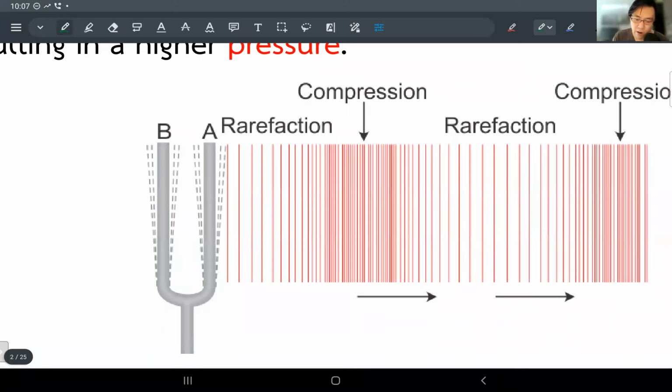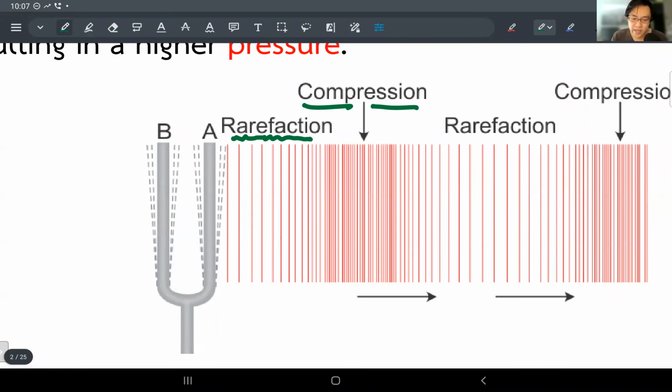So you get a part of the air that gets compressed a little bit. And of course, when the source retracts back, you create a void, like a vacancy opening up. So you have a rarefaction portion, a portion of air that is less compressed, where the pressure is reduced from regular pressure.